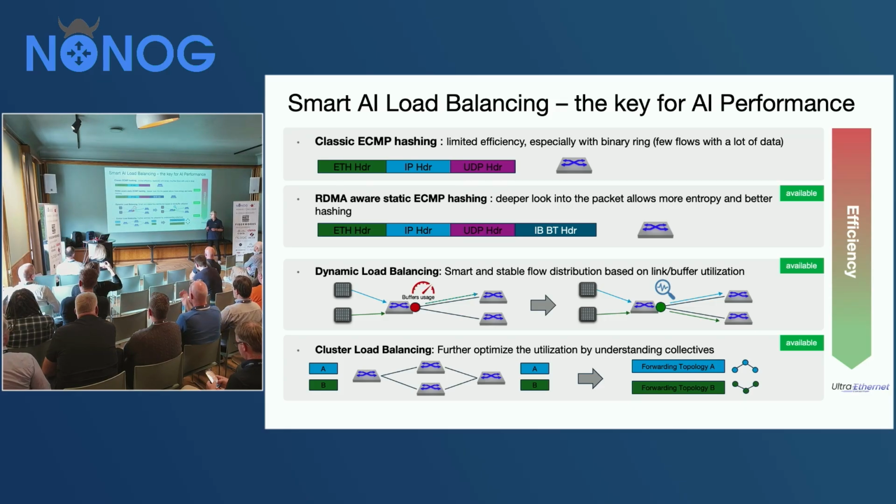But dynamic load balancing is still per switch. It has no understanding of the leaf and spine topology, because if it places a flow on a link that is good, the next switch can have overutilized links. So the next thing is cluster load balancing, which is topology aware.